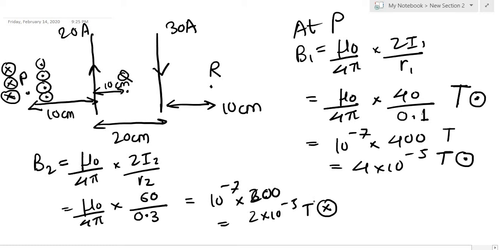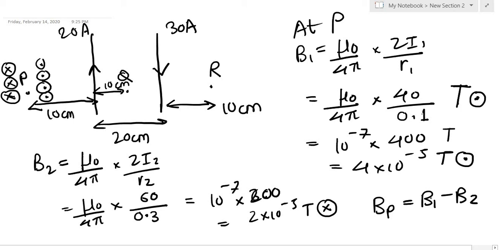But as we said, the directions are opposite. So the magnetic field at point P, BP, is equal to B1 minus B2. Since wire 1 is closer to P, the strength of its magnetic field will be greater than the strength of the magnetic field of wire 2 at P, because wire 1 is closer to P. So B1 is greater in magnitude, B1 minus B2.